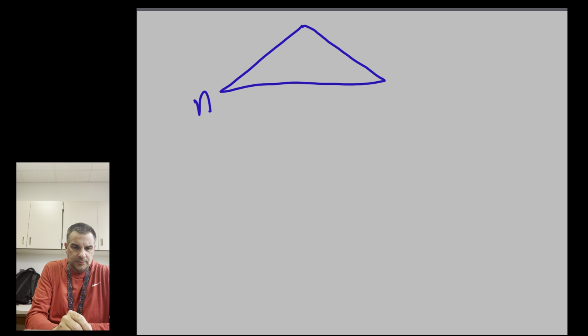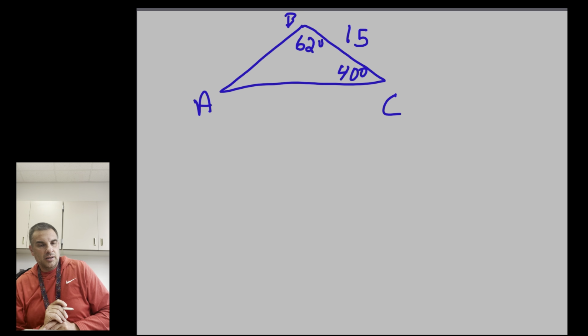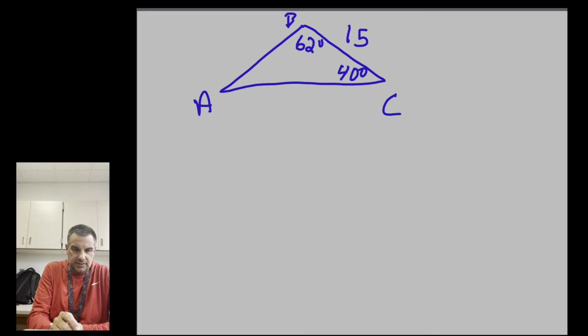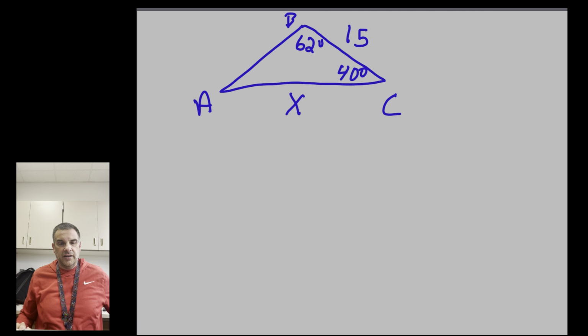Here's our triangle. We'll go ABC. This time I'm going to tell you that this is 62 degrees. This is 40 degrees. I'm going to give you the length of this side is 15. And we want to find the value of x down there.